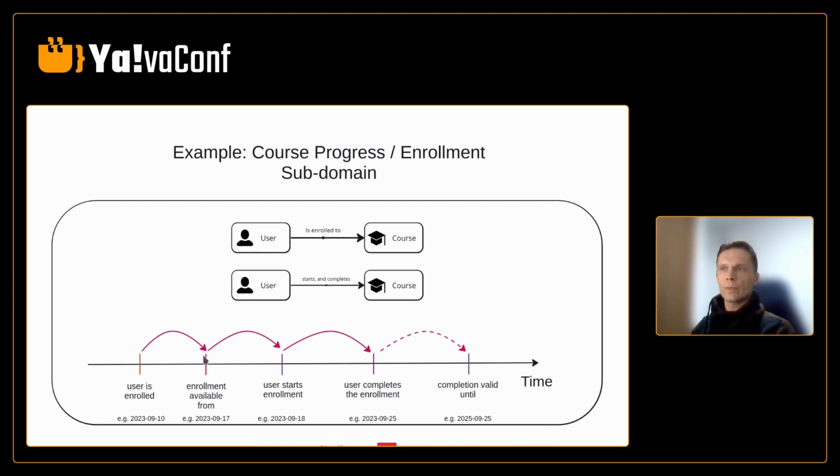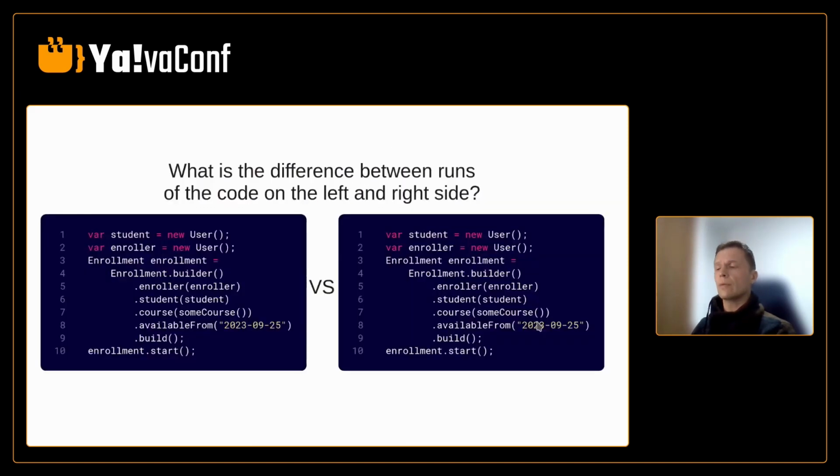First of all, the user can be enrolled, and later on we can make some rules that enrollment is available from a certain point in time in the future. Then the user starts the enrollment, then possibly completes it after some time, and then it makes this course valid for this user for a certain period of time. So most of you will have similar problems or use cases in your projects. This should be really similar, feeling really like at home.